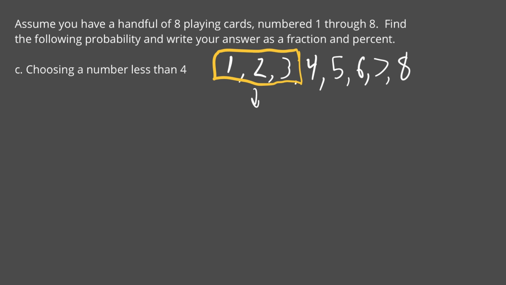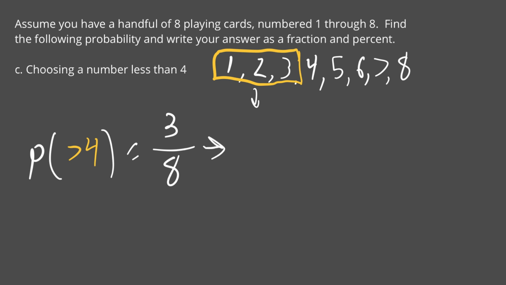Therefore, the probability of choosing a number less than 4 is going to be the number of things we are interested in happening, which we have circled in yellow, 3, and we divide it by the total number of things that could happen, which is 8.